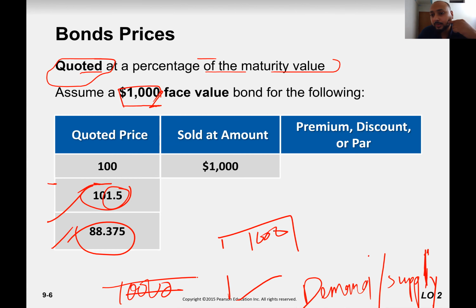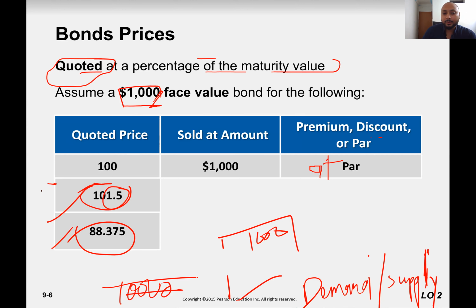So it means the market is in equilibrium, and this price is called par price. We call this bond price is at par.